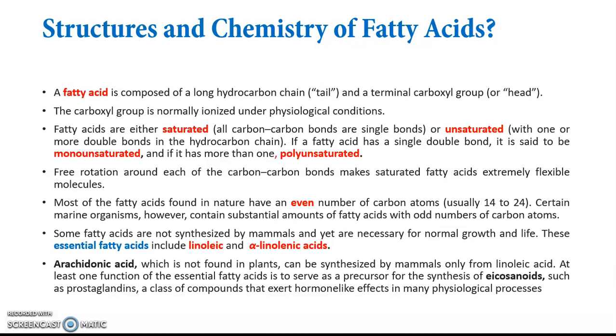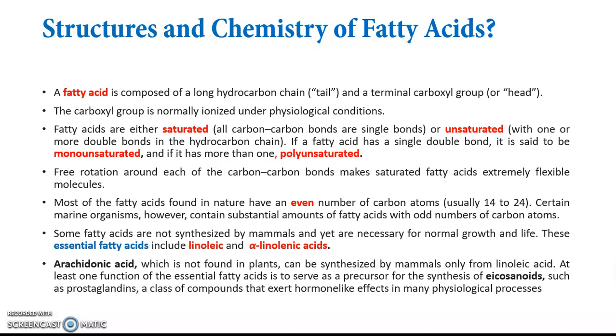In the next slide, I'm going to draw a fatty acid so that you look at the hydrocarbon chain and the terminal carboxyl group. The carboxyl group is normally ionized under physiological conditions, which means in biological systems they are usually ionized, having lost the hydrogen atom that makes it an acid. Fatty acids are either saturated, where carbon-carbon bonds are single bonds, or unsaturated with one or more double bonds in the hydrocarbon chain.